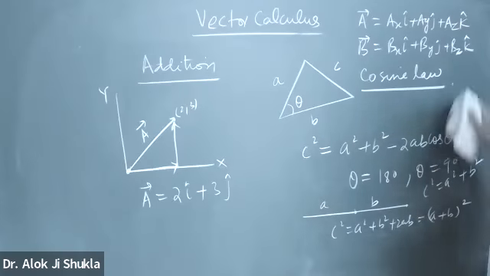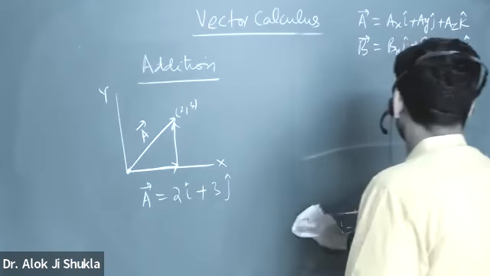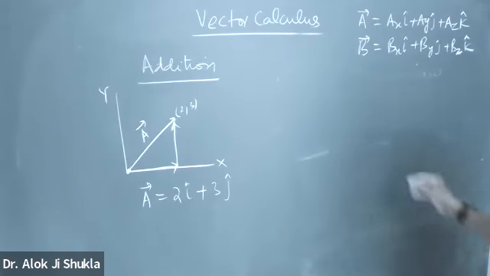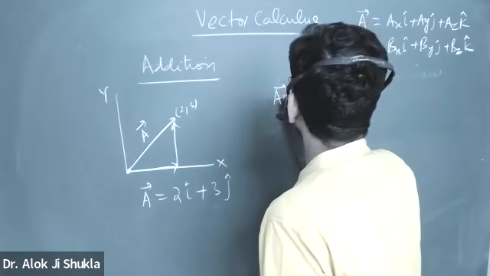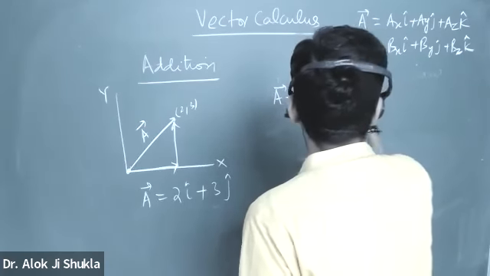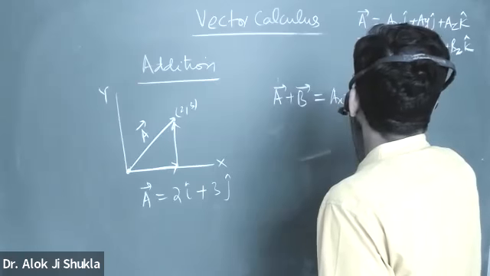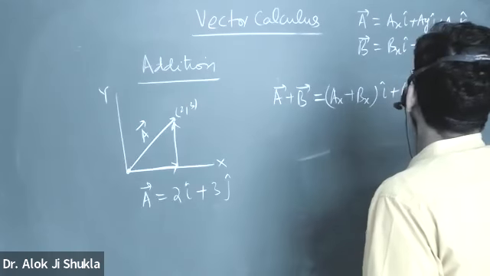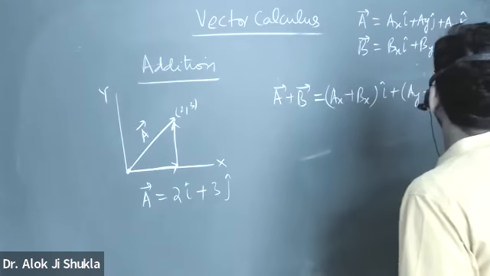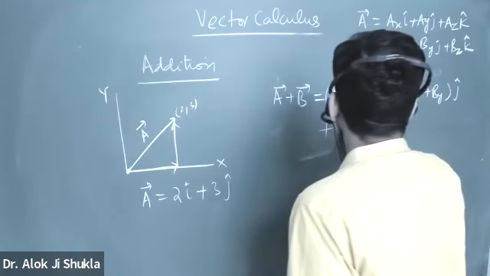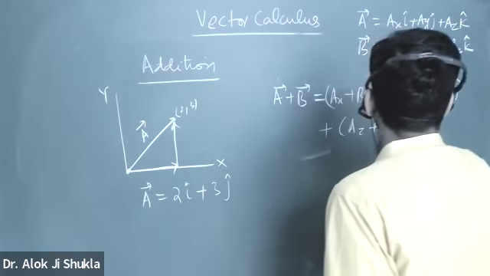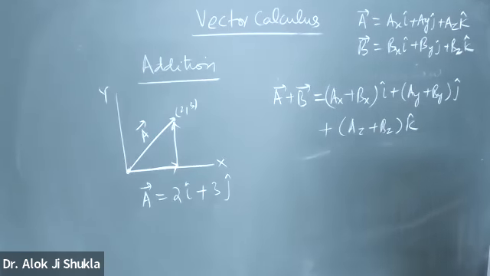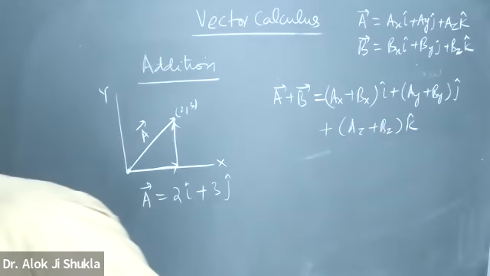So what is the addition of vectors A plus B? It is very simple. AX plus BX i cap plus AY plus BY j cap plus AZ plus BZ k cap. This is the addition of vectors.